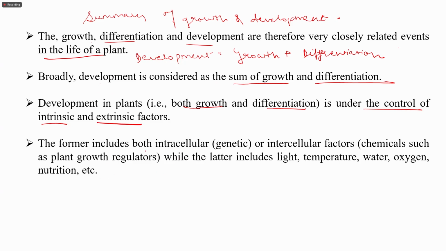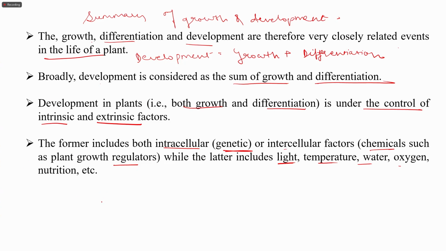The former include both intracellular, that is genetic, and intercellular, which is chemical, such as plant growth regulators, while the latter includes light, temperature, water, oxygen, nutrition, etc. So these different factors are important in the growth and the development of the plant.